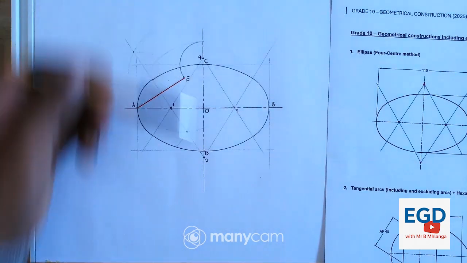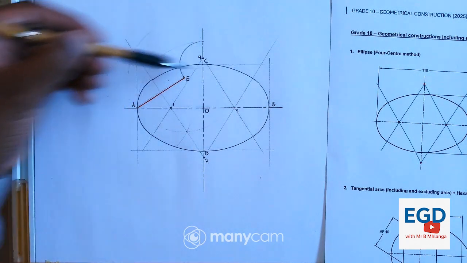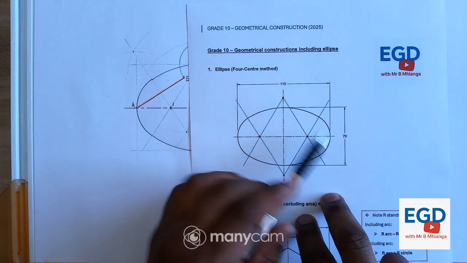Obviously you had to draw the center lines and the rectangle in light construction using the given measurements.